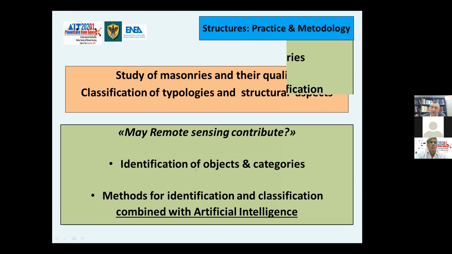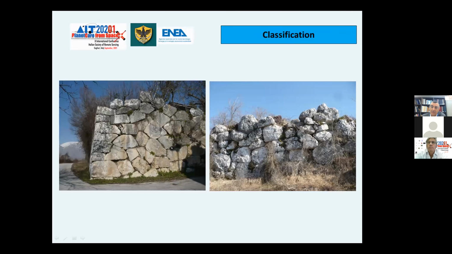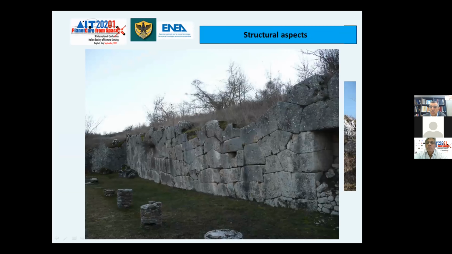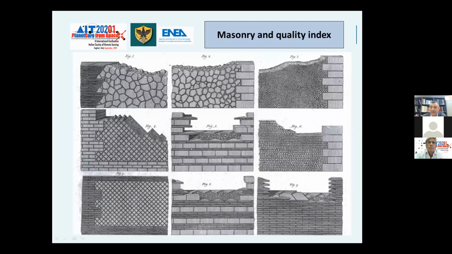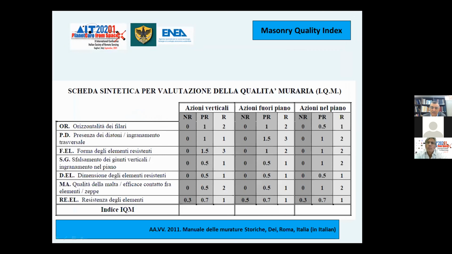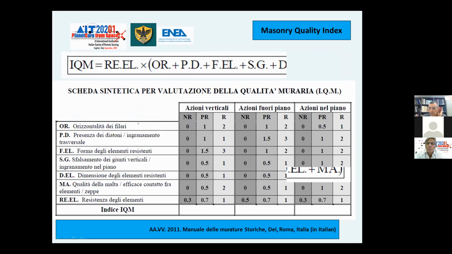We will have in the laboratory a very interesting example of the way we are working. So classification of walls, structural aspects and tilting and bending, for instance, of this wall. The masonry quality concerns several parameters. Here you have a reference, even if it's in Italian, but it's very interesting, this handbook that gives how it's possible to understand the quality of the masonry.